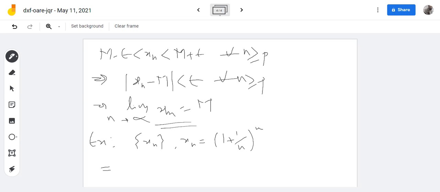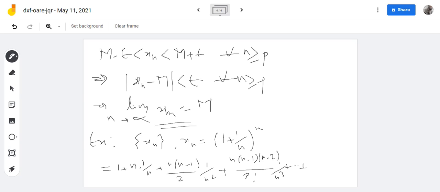If you expand this, this is 1 plus n into 1 by n plus n into (n minus 1) divided by factorial 2 into 1 by n square plus n into (n minus 1) into (n minus 2) divided by factorial 3 into 1 by n cube plus dot dot dot plus n into (n minus 1) up to 1 divided by factorial n into 1 by n to the power n.